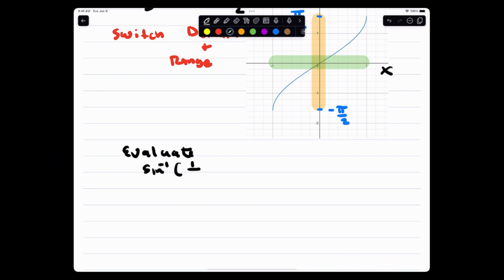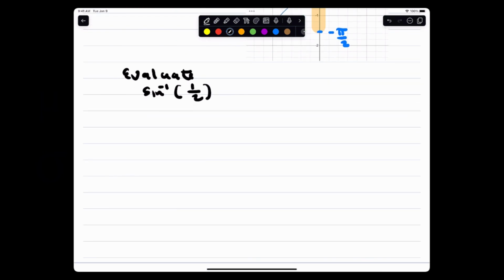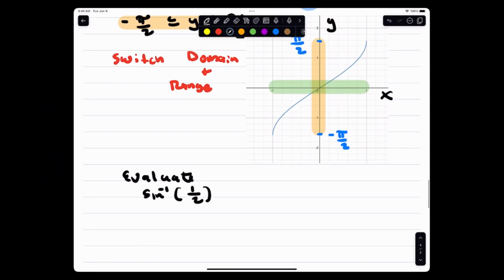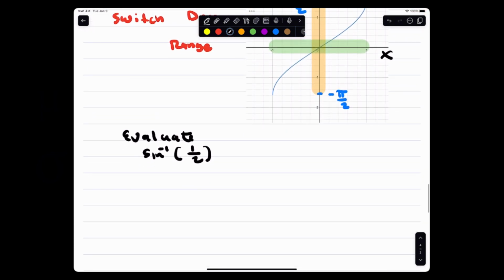Inverse sine of 1/2. And then you go, how in the world do I get inverse sine of 1/2? Okay, you have to follow a process. All right. How do we evaluate inverse sines?